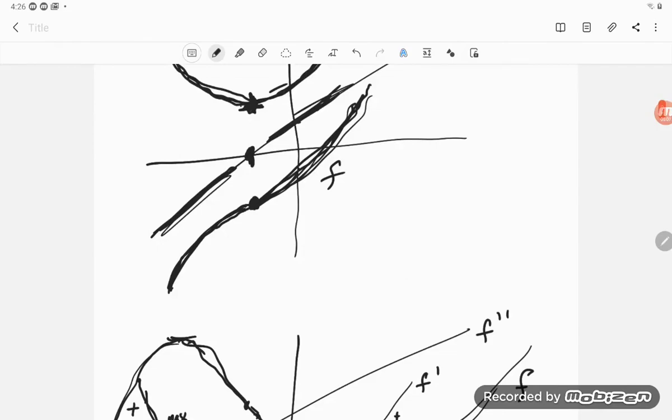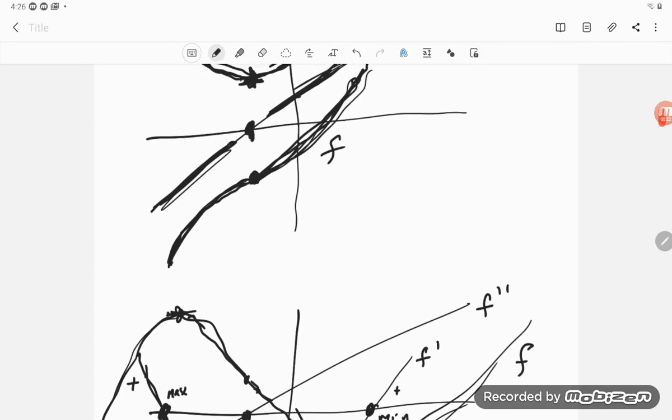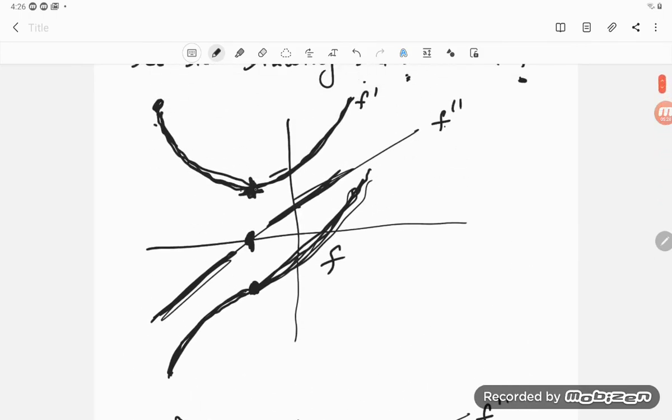But in this case, I had a local max, or a relative max, and a relative min here. And the difference was that the first time I happened to draw f prime, it was always up here above the x-axis. So the derivative of f was always positive, so f had to always be increasing.